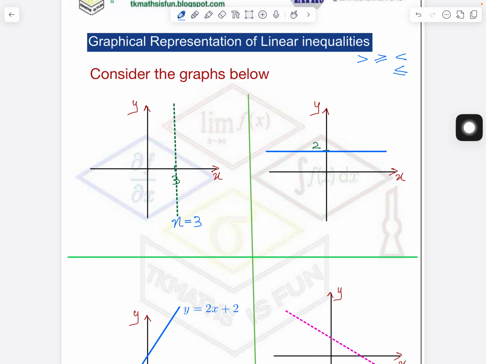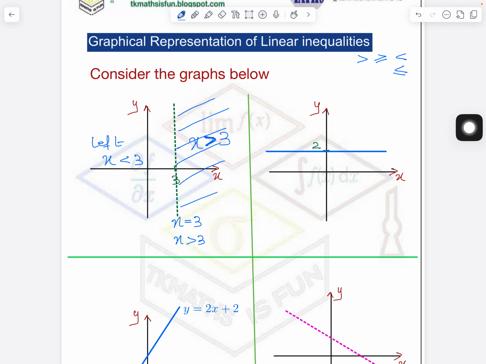Now if I say x is greater than 3, it means I'm talking about this region, right? So this region is x greater than 3. Because the vertical line is dotted, only the greater than symbol will come. This equal symbol will not come here, right? And the left hand side region of the line is x less than 3.